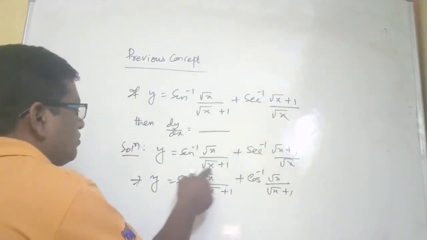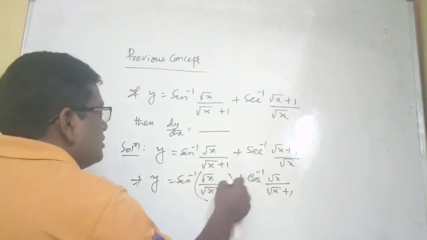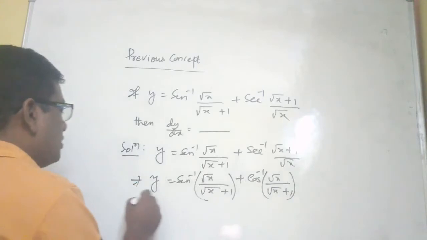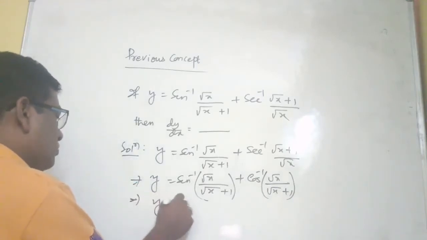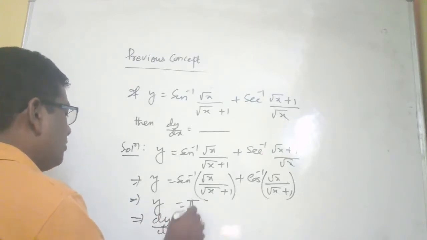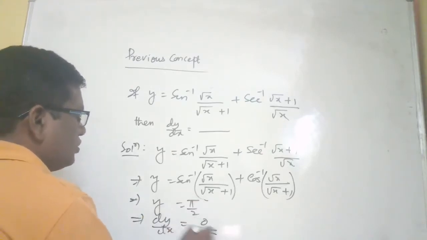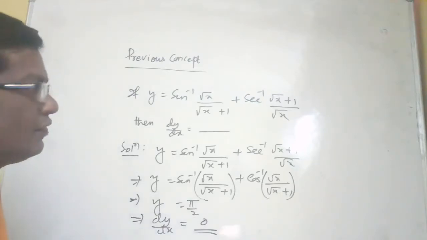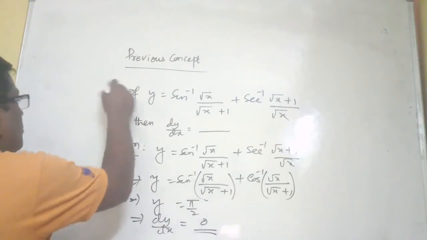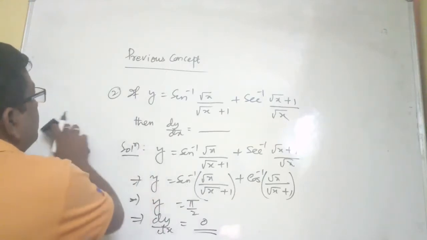We know sin inverse x plus cos inverse x is equal to pi by 2. So the derivative of pi by 2 is equal to 0. So this is the answer. And another question. This is question number 2 and question number 3.